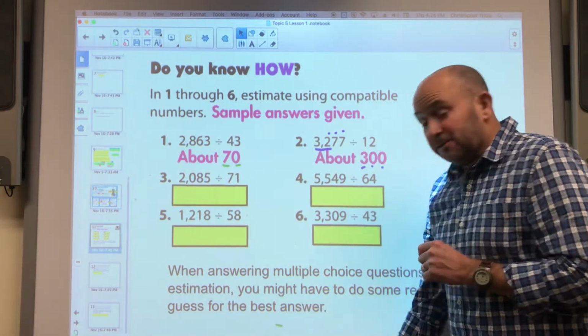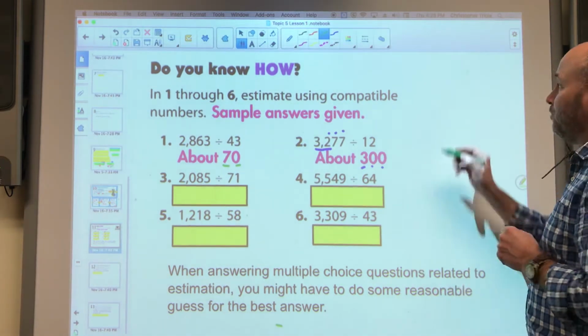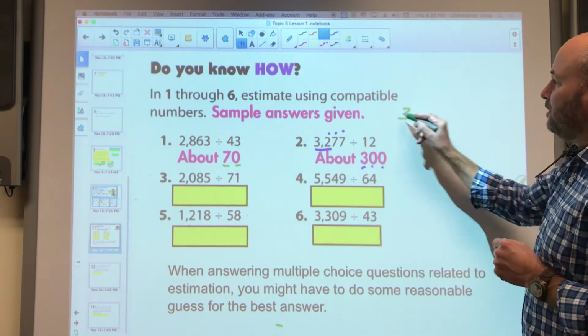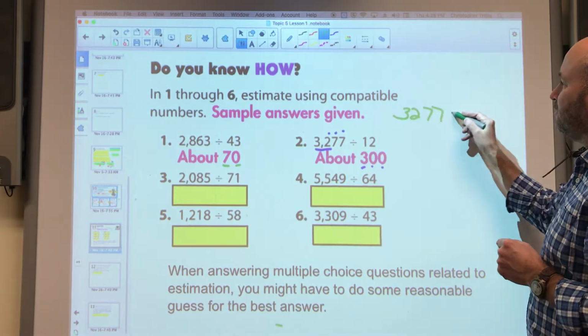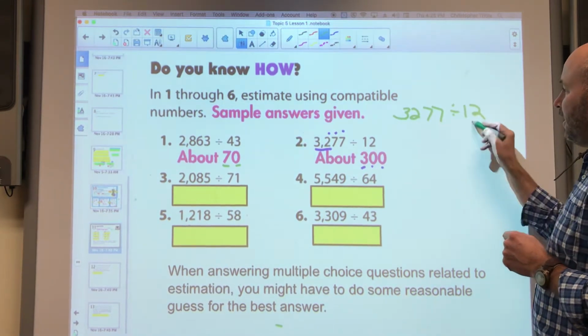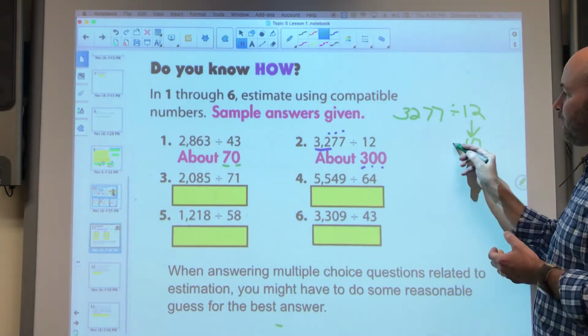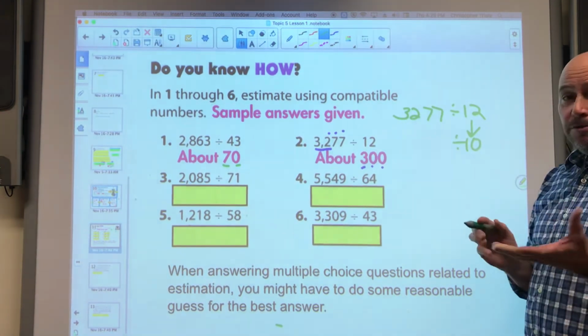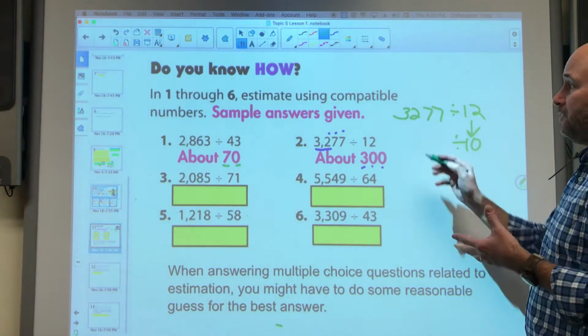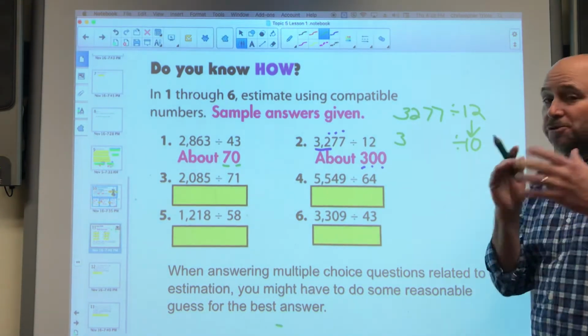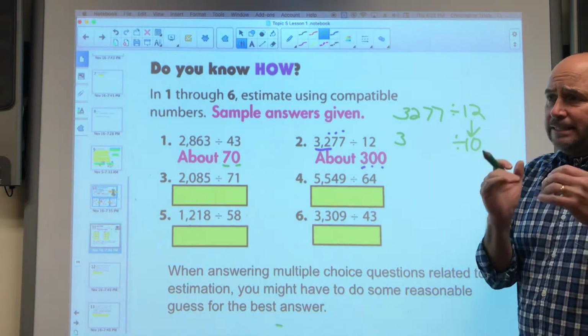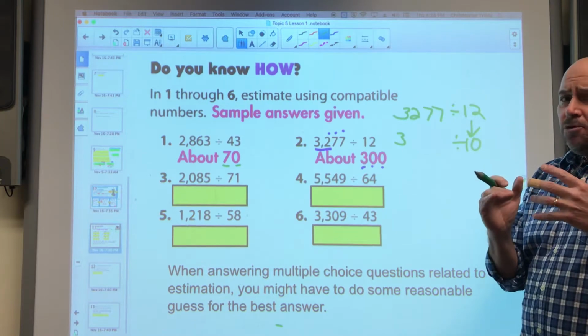Here's how the mathematicians came up with this. They took 3,277 divided by 12, and they rounded that down to 10. Well, a compatible number for that would be a multiple of 10. Easy enough to do. Now, you could do 3,000, but it's going to change your estimate quite a bit.